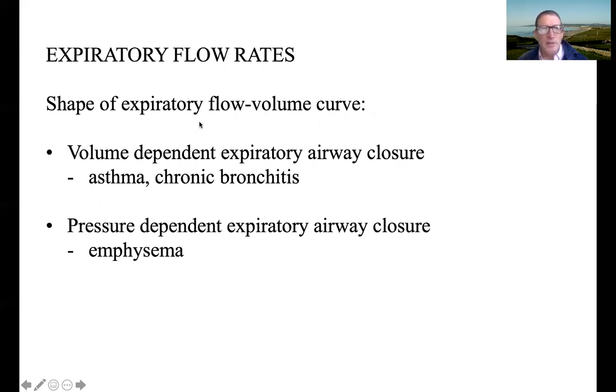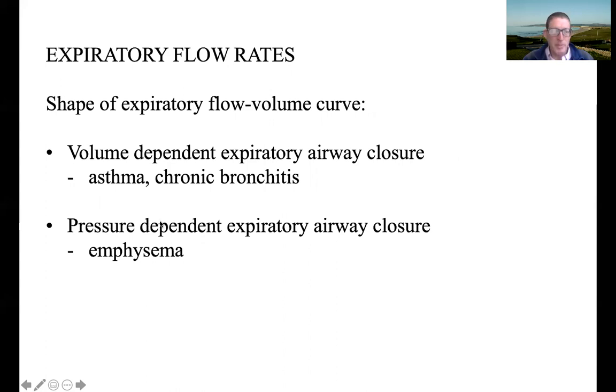There are shapes of flow volume curve depending on whether you've got volume dependent airway closure, where you get closure of the airways as you go from total lung capacity to residual volume. That's why it's called volume dependent. And you see that in asthma, or you see it in COPD with a chronic bronchitis component.